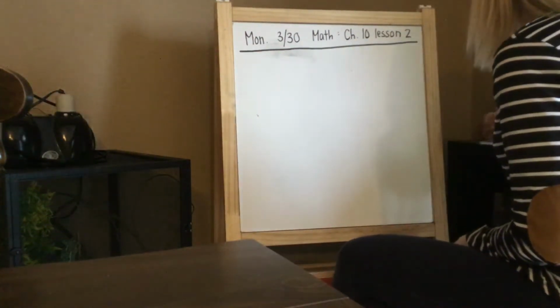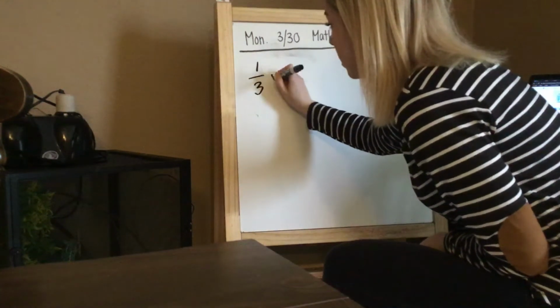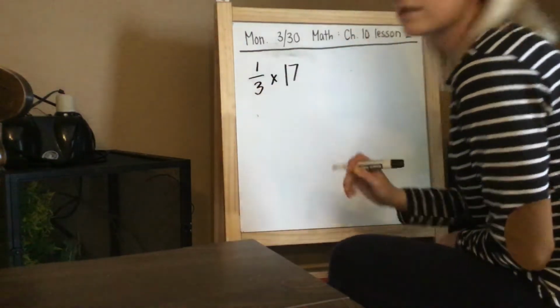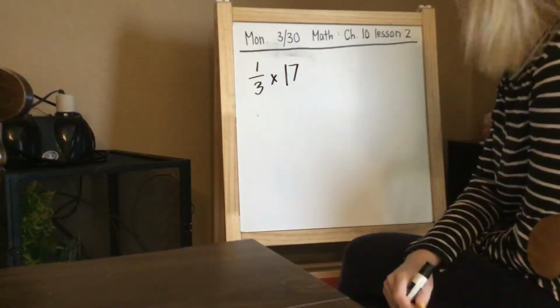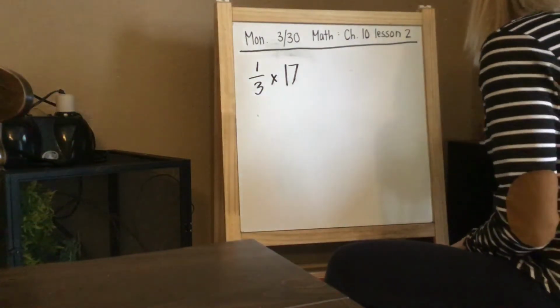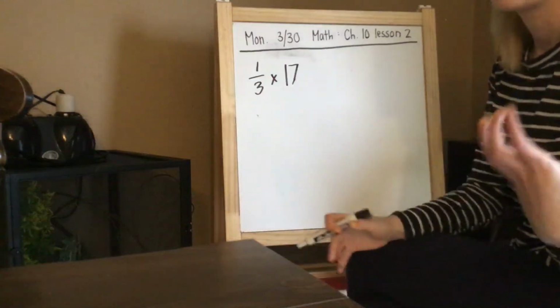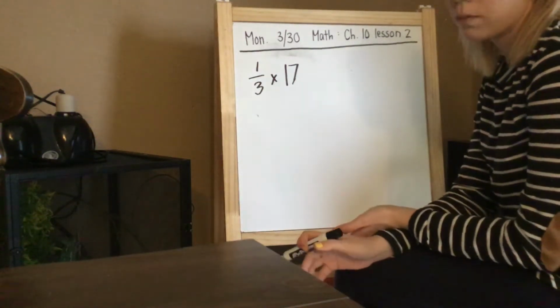Okay, so problem 1 wants to know what 1/3 times 17 is. So we're going to estimate the product, sorry. So what number is close to 17 that is divisible by 3?